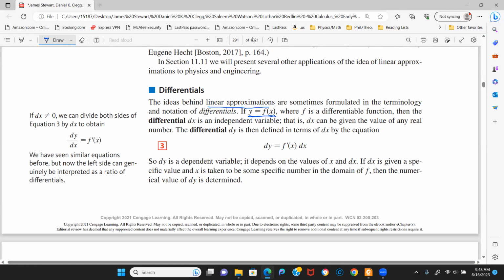We start with a differentiable function f, and then we can talk about the differential dx, which is itself a variable, usually thought of as some small change in x. In the example we're going to look at, we'll take dx to be delta x, a small change in x.